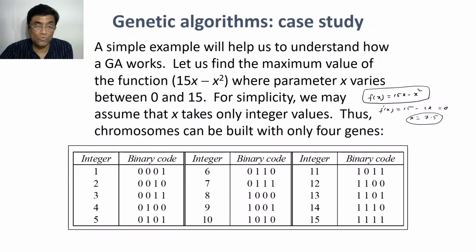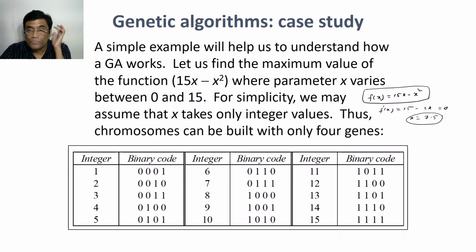First, I need to encode. So you need to first decide that parameter x varies between 0 and 15. For simplicity, you may assume that x takes only integer values. Thus, a chromosome can be built because my x lies between 0 and 15. Within that, you will have to figure out the maximum value, and I already know it, and we will see whether the genetic algorithm can also give a similar result.